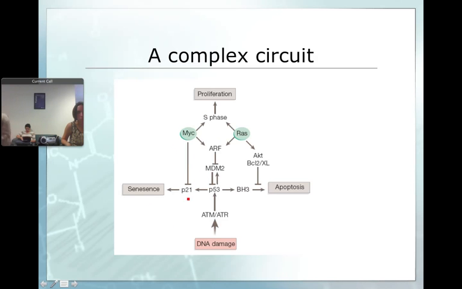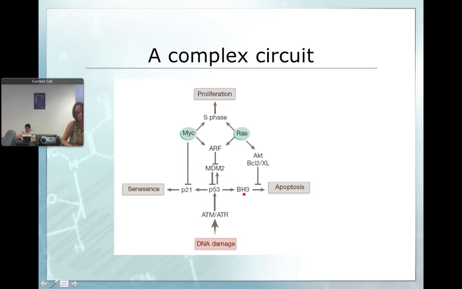But P21 is a cyclin-dependent kinase inhibitor. So it blocks the cell cycle and drives cells into senescence. So this is one thing that P53 can do. Another thing that P53 can do is to turn on BH3 proteins on the map that I gave you.